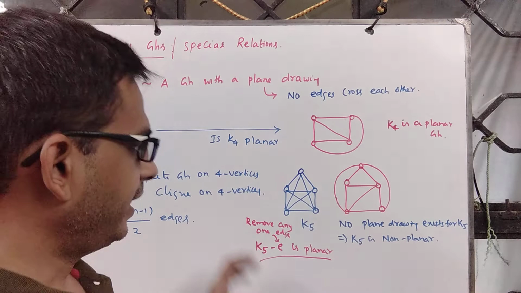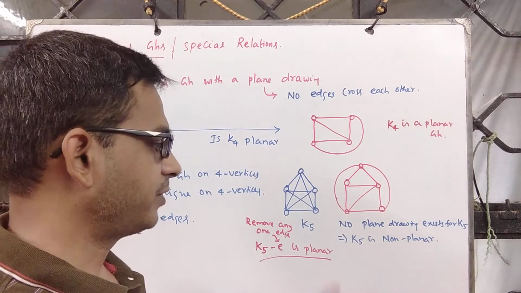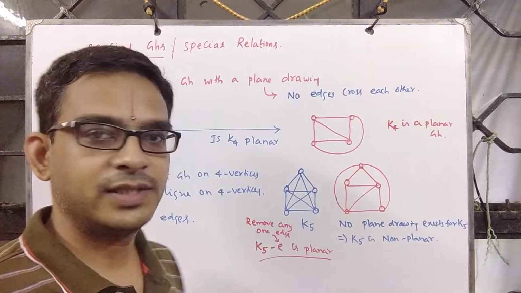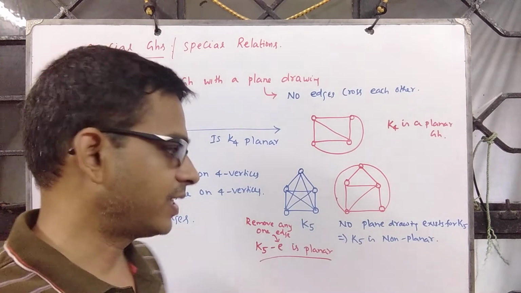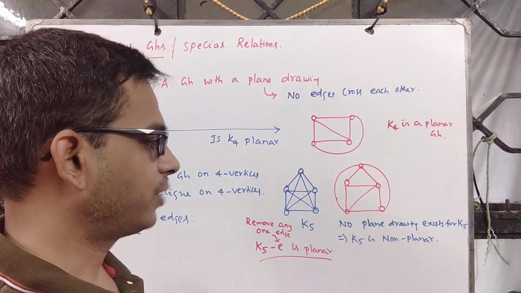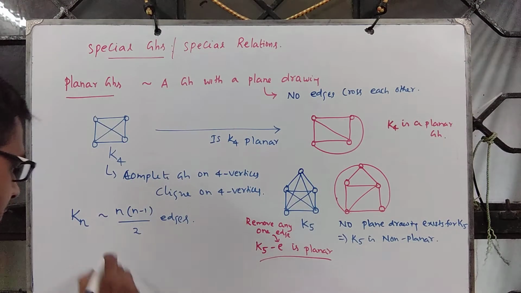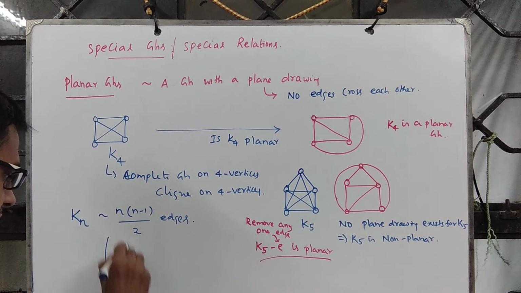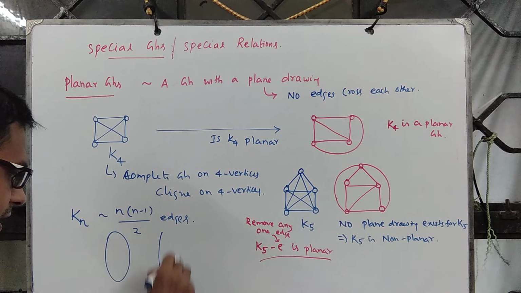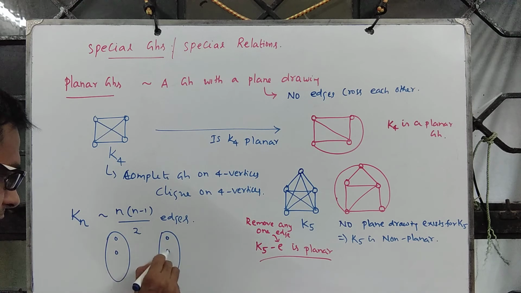So there are many interesting graphs that we come across in the literature. Some of them are planar, some of them are non-planar, and it is natural to ask, is there a necessary and sufficient condition to comment on planarity? As far as bipartite graphs are concerned, say look at K2,3.